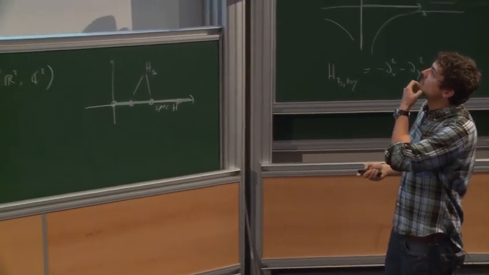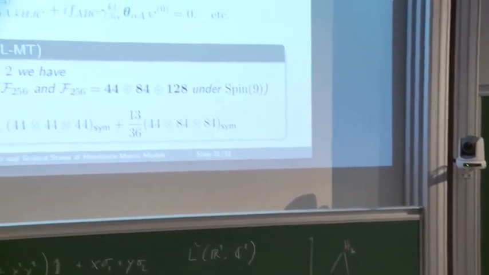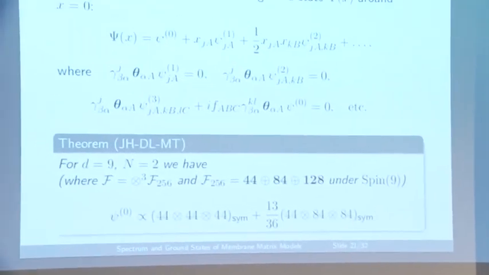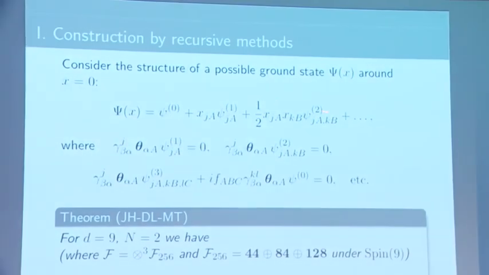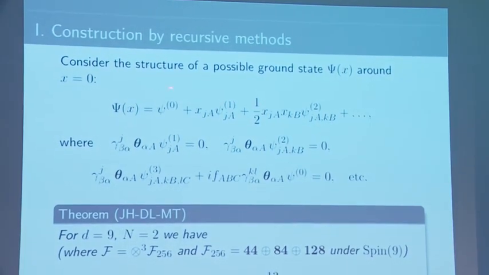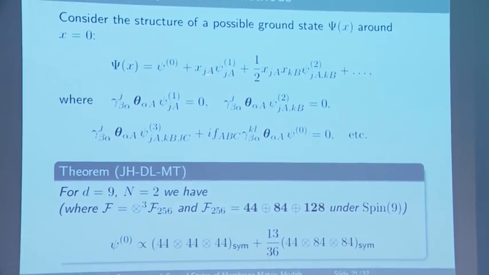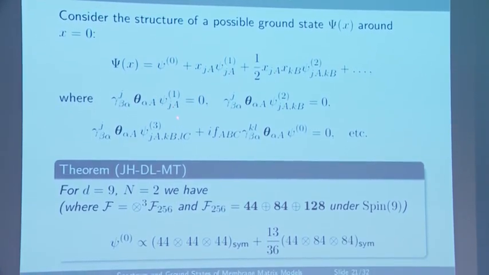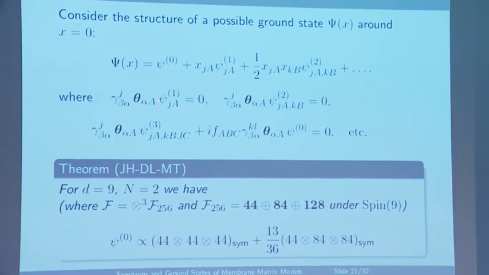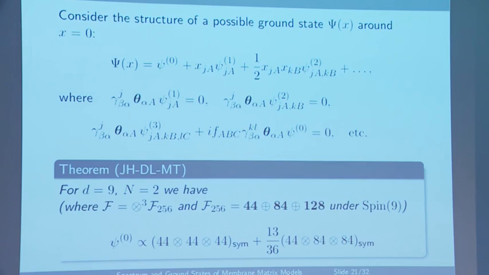Okay, so maybe I just flash some things here. So this concerned the construction by recursive methods, essentially expanding the state to higher orders in the coordinates, and then considering the various conditions arising from it being a zero energy state.